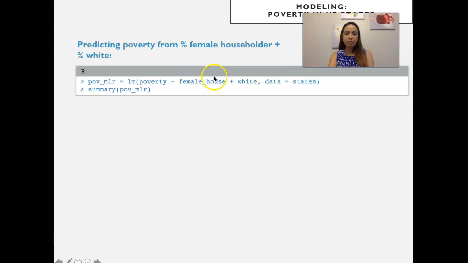Instead of just having percent female householder, we have both percent female householder and percent white in the model. Same data set.